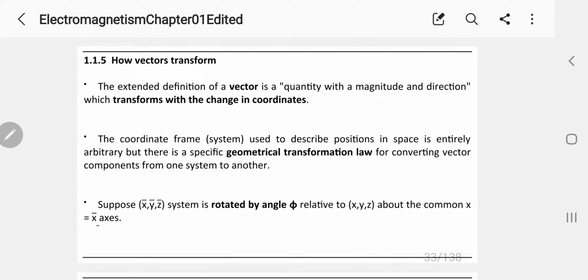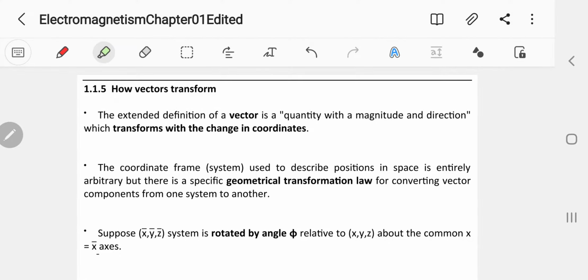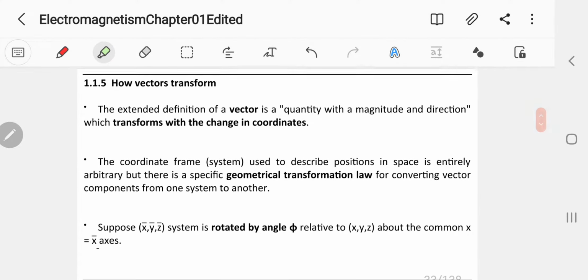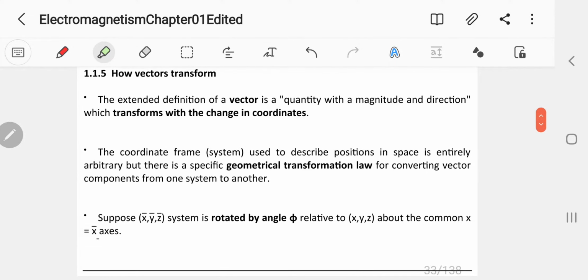Now, suppose x bar, y bar, z bar is a system that is rotated by an angle phi relative to xyz about the common x equals x bar axis.